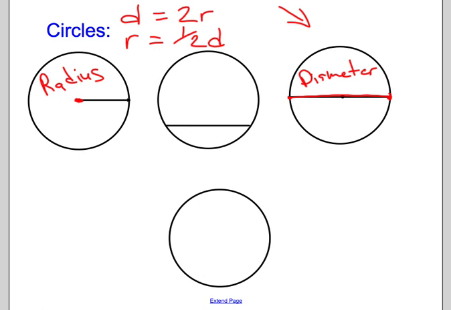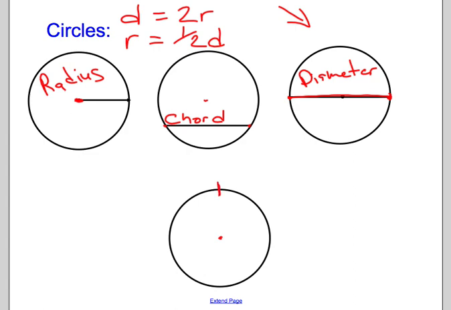All right, the middle circle has a segment whose endpoints are on the circle, but it doesn't go through the center of the circle. The center of the circle would be right in here. So we call this a chord. The last piece of terminology we're going to discuss is how far around a circle is, meaning its length.